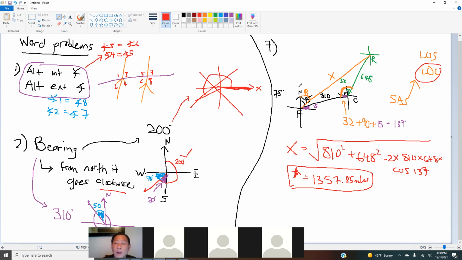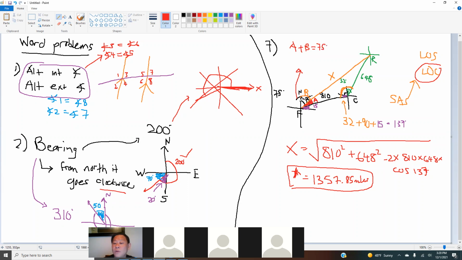So that means you have to find this red angle here. Let's say this is angle A. Because if you know angle A, you should know angle B, because angle A plus angle B should give you the bearing of 75 degrees.